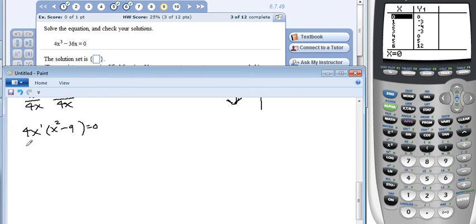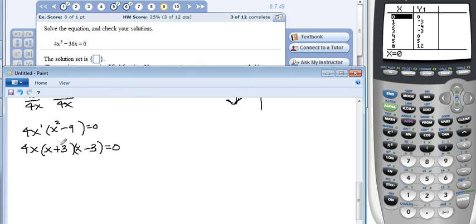The 4x is just going to go along for the ride, and this can be broken apart into two separate binomials: x plus 3, x minus 3. The square root of the front one goes here, and the square root of the back one goes here. Now I look at each piece I've created and they're all prime. I can't break them down further.